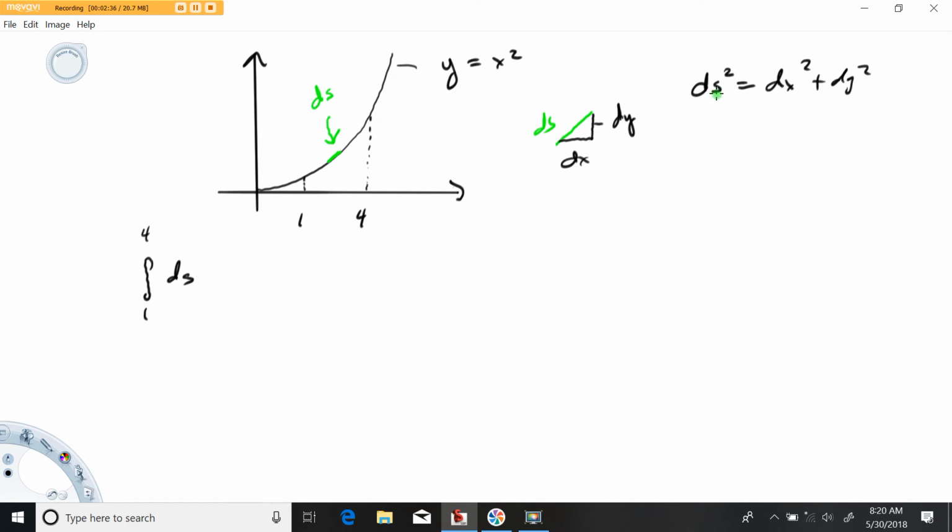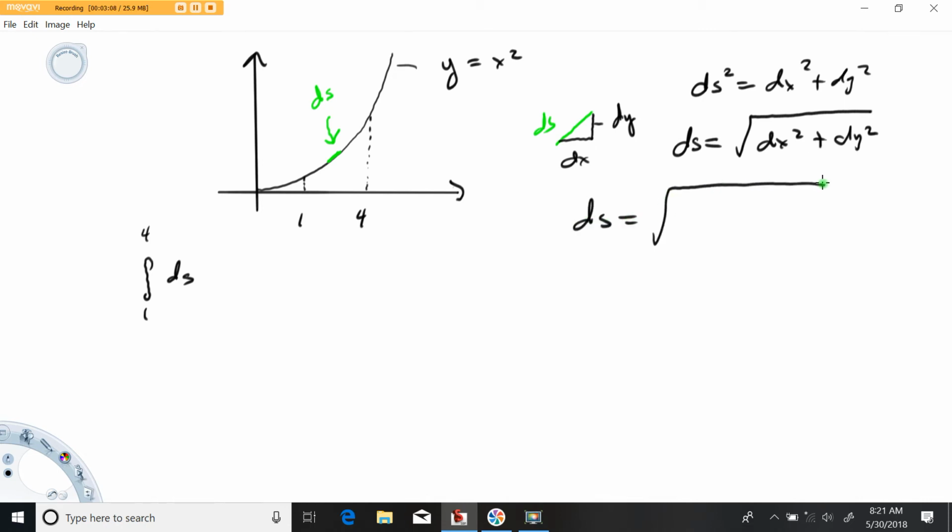Now, what we want to do here is solve this for ds, and you would do that by taking the square root of both sides. The next step is kind of a strange factoring step. There are two things we can do here. We can either factor out a dx or a dy, and which one you do depends on which way you want to set up the integral. Because I'm setting this integral up with respect to x, I'm going to factor a dx out of that.